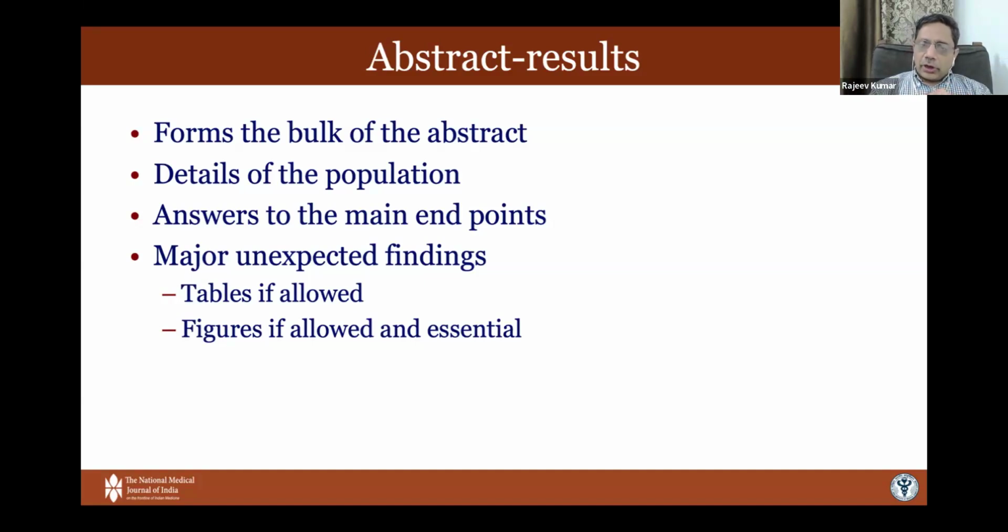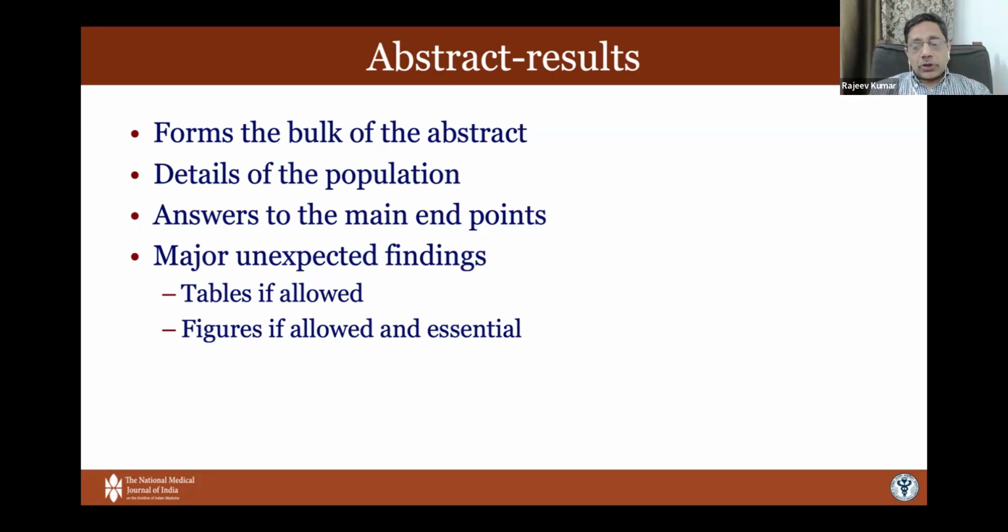When you're submitting for a conference, the good thing is you may be allowed to put in tables or figures. If you're allowed to put in a table, that's really brilliant, because in a table, you can capture tons of information and you're no longer restricted by the word count. So if you've compared, let's say 20 things, and you've got a table that has 10 rows and 3 tables, quite okay.